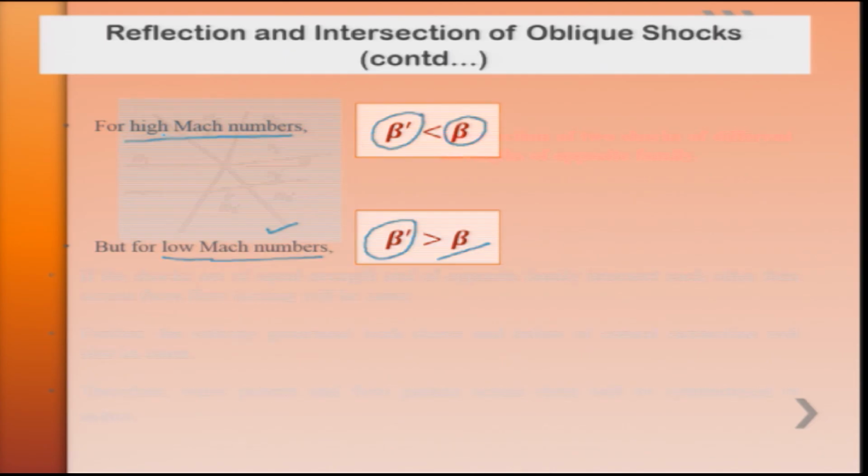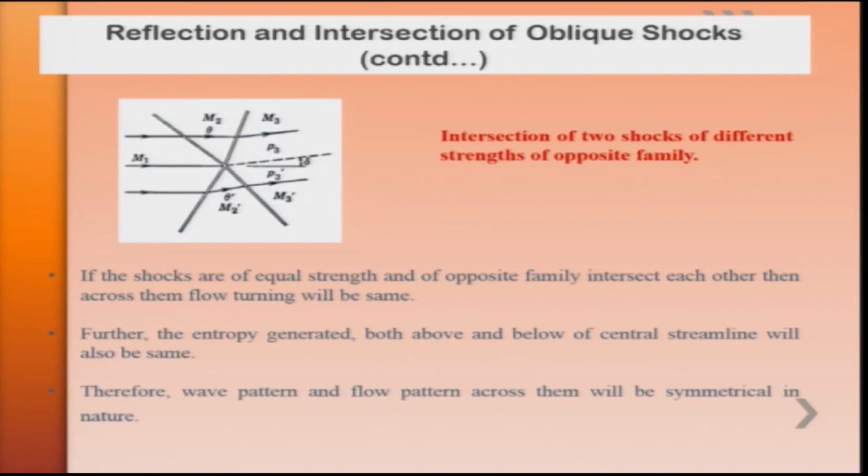Mach numbers. Now let us see what happens when two shocks of different strength of opposite family intersect each other. The family concept means, it is termed here on a two-dimensional diagram in a two-dimensional flow. The family is abbreviated as, that is, on which wall or in which direction these waves are coming.